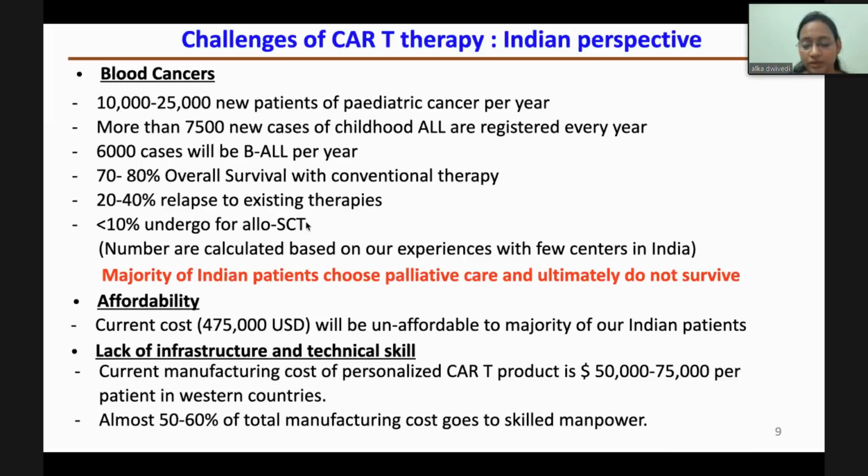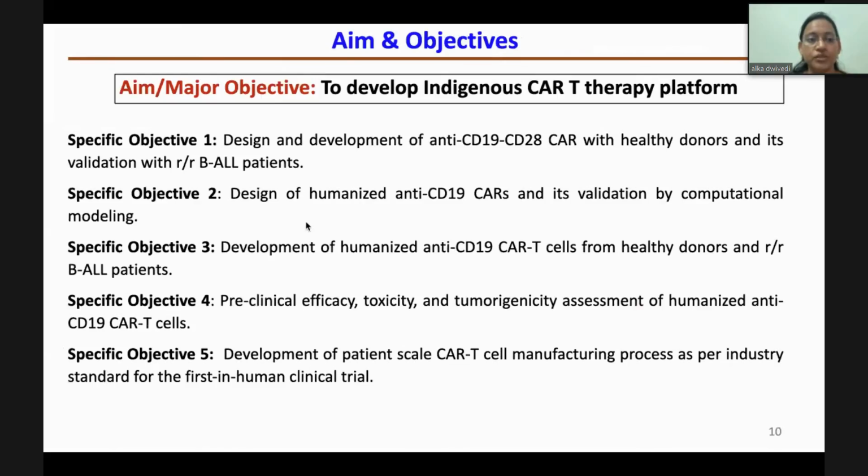Looking at these challenges, my major aim was to develop an indigenous CAR-T platform. My objectives are: first, design and development of a CD19 CD28 CAR to set up the entire platform.